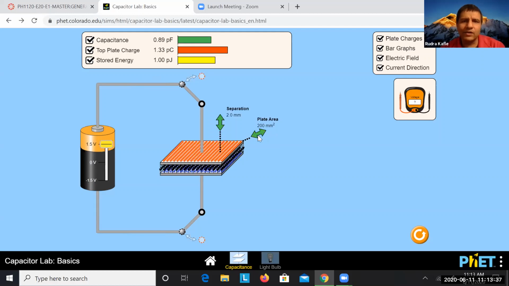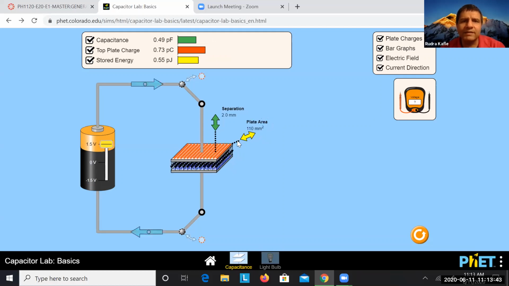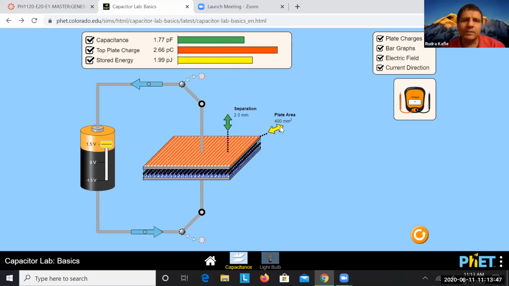Also when you change the plate size, those quantities change accordingly. When you make the plates bigger and bigger, the capacitance becomes more, the amount of charge becomes more, and then the energy stored also becomes more.